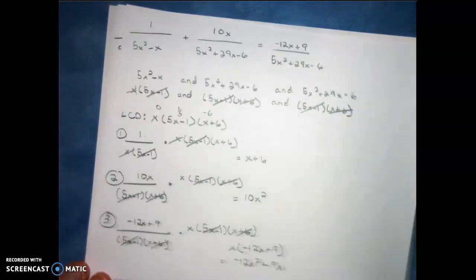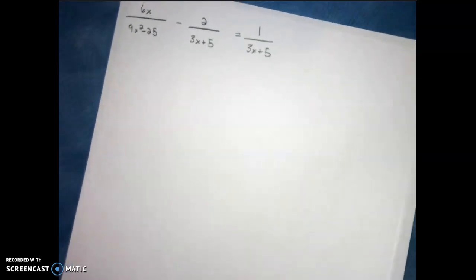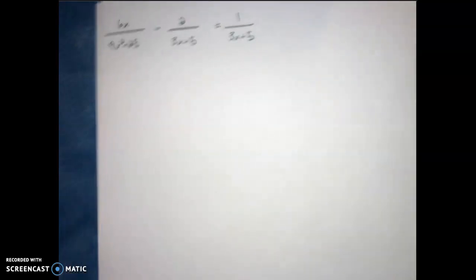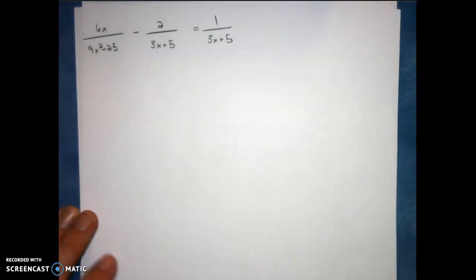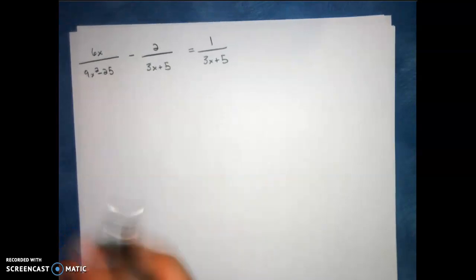Alright, we'll go to the next one. So take a look at this one, pause the video, go try it, and then come back. Alright, welcome back. Now, first step is to always find our LCD.